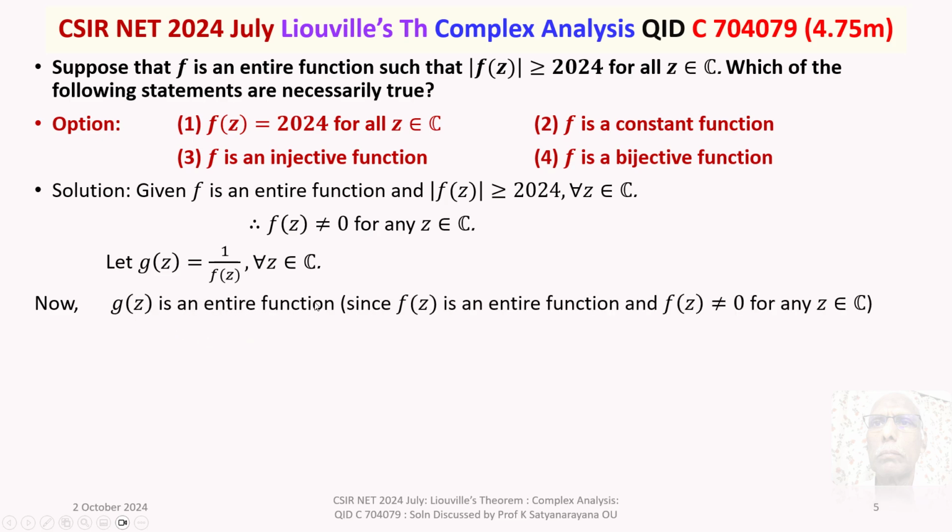Why? Because f(z) is an entire function, and f(z) is not equal to 0 for any z belongs to C. So g(z) is an entire function.